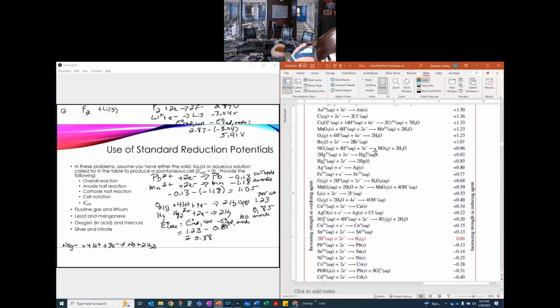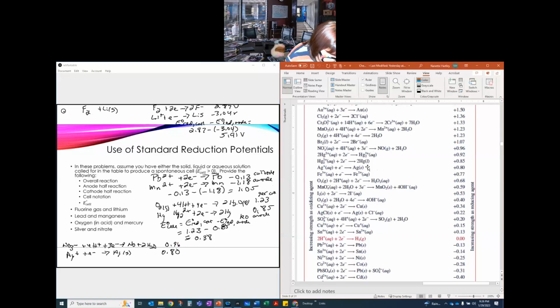And that line is 0.96. And silver, so Ag, which is right here: Ag+ plus an electron goes to Ag solid, and that value is 0.8.